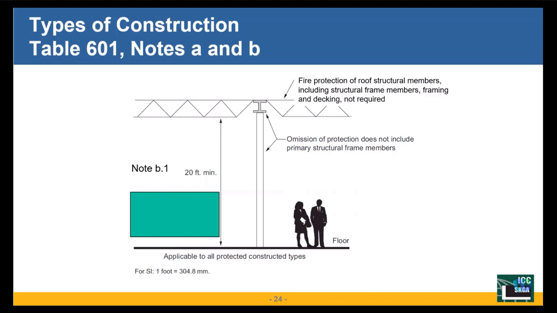The state fire marshal, however, and we'll talk a little more about this when we get to the areas, made an exception to fire marshal regulated occupancies. Those occupancies are group A, E, F1, H, I, L, and R occupancies.